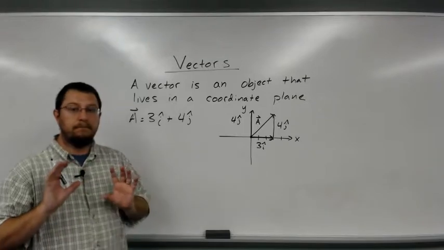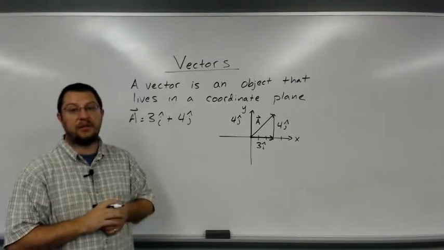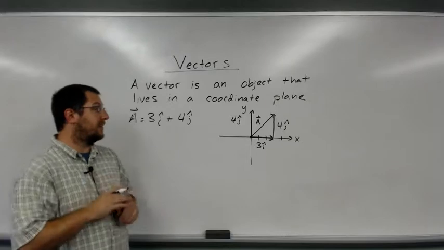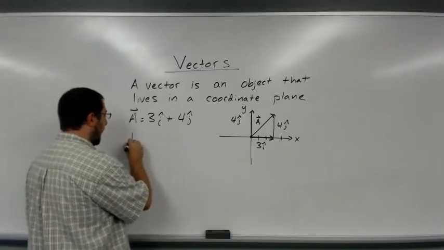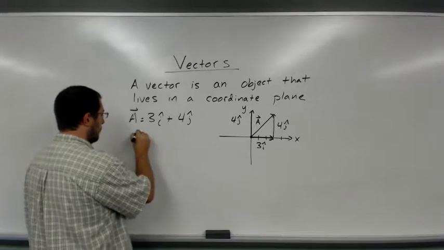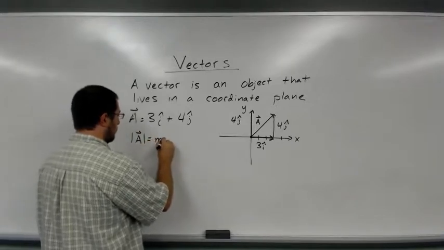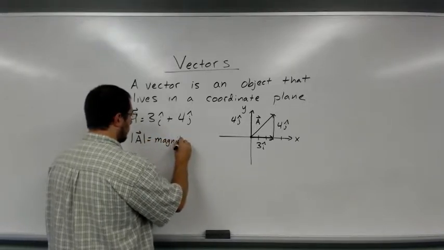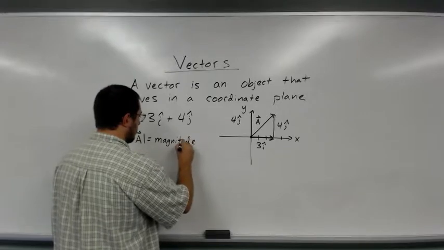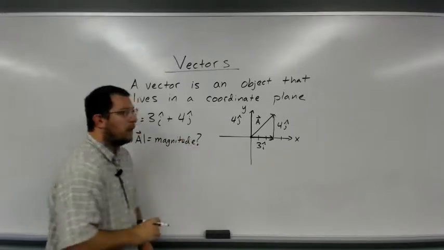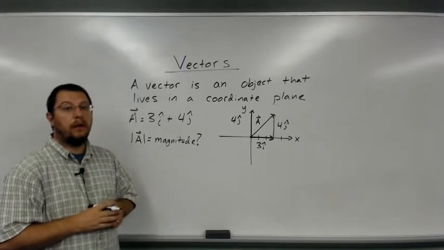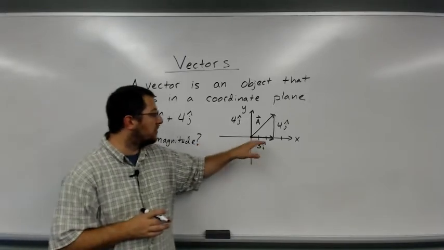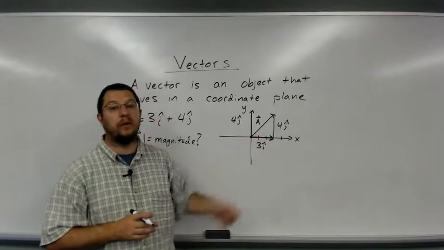And A is the sum of these two vectors. Now, of course, the obvious question is, what is the length of A? In other words, what is the magnitude? We obtain the magnitude of a vector by looking at the total sum of its orthogonal components.